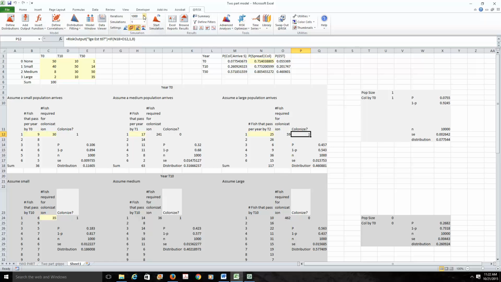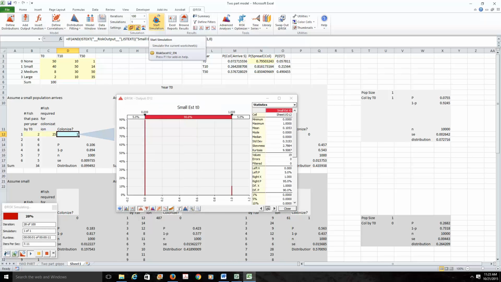What we do, let me just set this to 100 so it goes quickly, is we would do a simulation here of 1,000 or 10,000 different iterations. And it's going to save these zeros and ones.